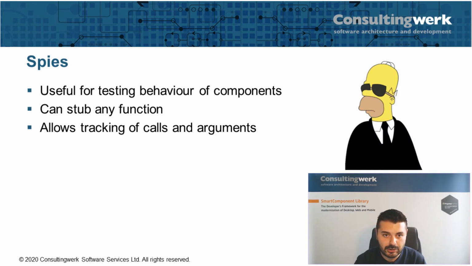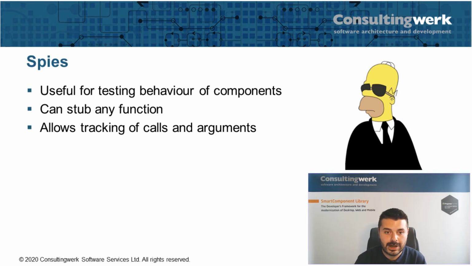Let's also briefly go over the concept of spies. Spies in Angular testing are very useful for testing the behavior of components because they can stub any function. It allows tracking of calls and arguments. So for example, an assertion could be essentially, I expect this method of this component to have been called when the user has clicked a button.